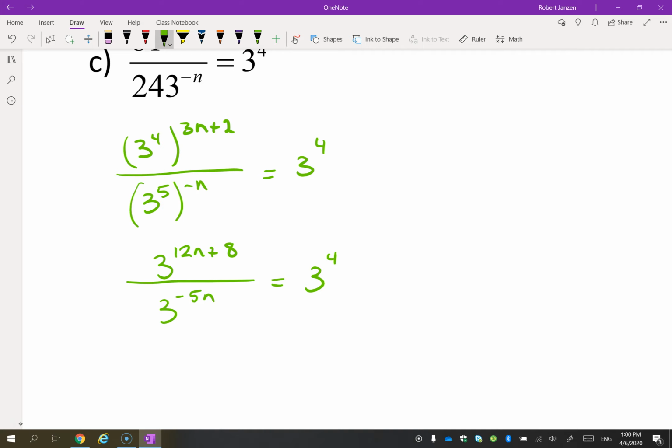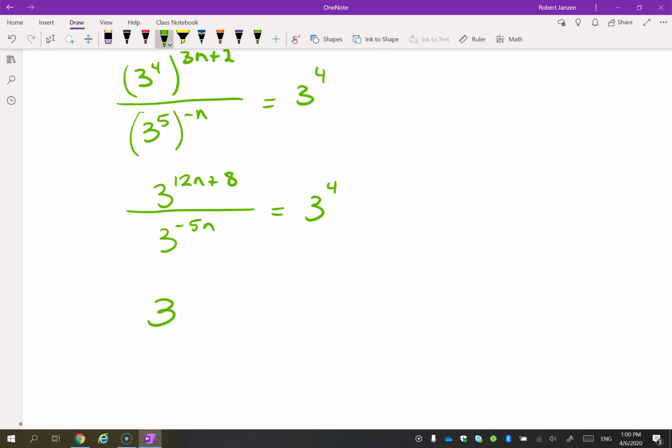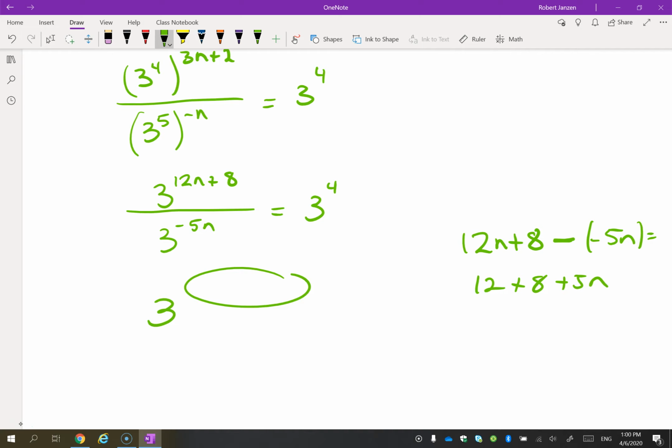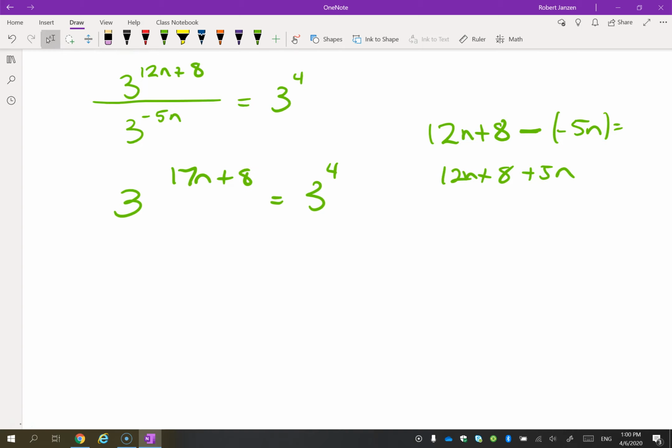Yeah, you subtract the exponents. So you're going to get 3, and what goes here? This is 12n plus 8, take away negative 5n. So 12n plus 8 plus 5n. So you get 17n plus 8. And that means 17n plus 8 is 4. 17n is negative 4. n is negative 4 over 17.